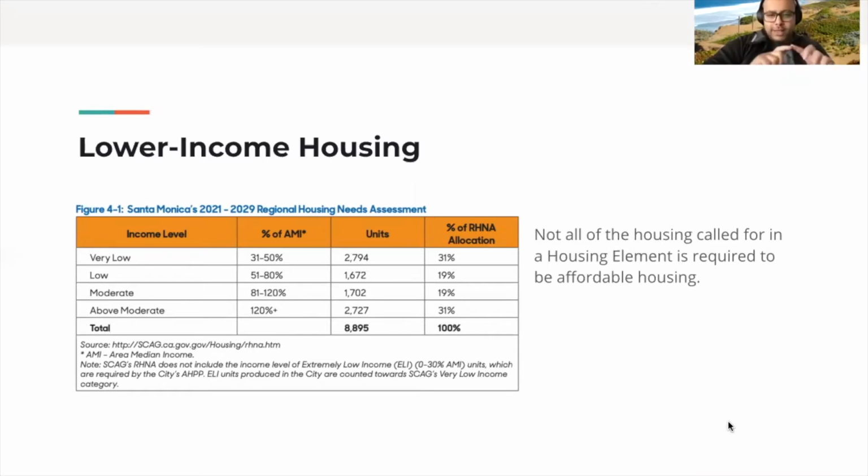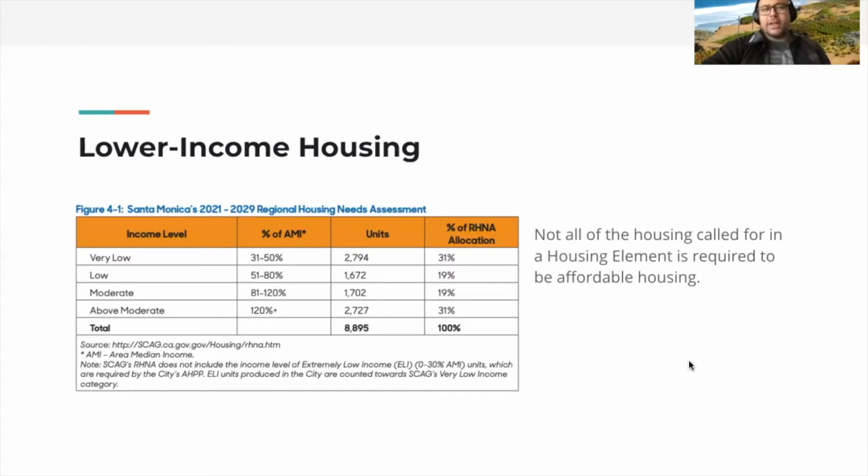Moderate is this weird category that's both affordable and not affordable. When we talk about lower income housing, that's extremely low, very low, and low, but not moderate, because you can go over the median income and up to 120% in moderate. But in terms of affordable housing, you can still count moderate.